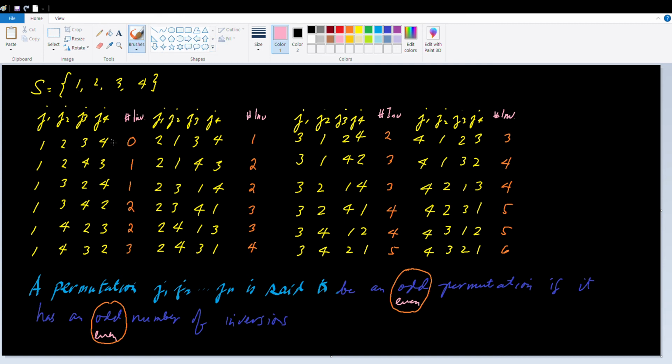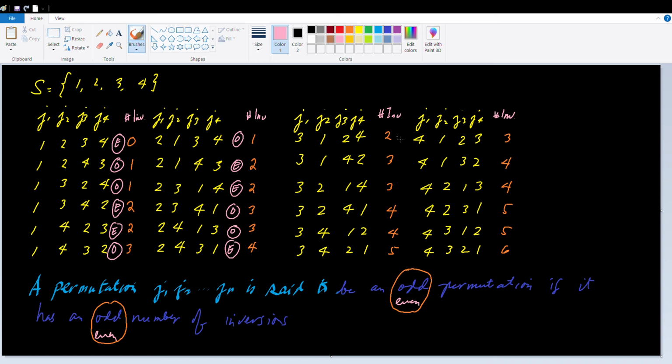Okay. So 1, 2, 3, 4 has 0 inversions, so it must be even. 1, 2, 4, 3 has 1 inversion, so that is odd, then even, odd. 2, 1, 3, 4 has 1 inversion, so it's odd, even, odd, even.